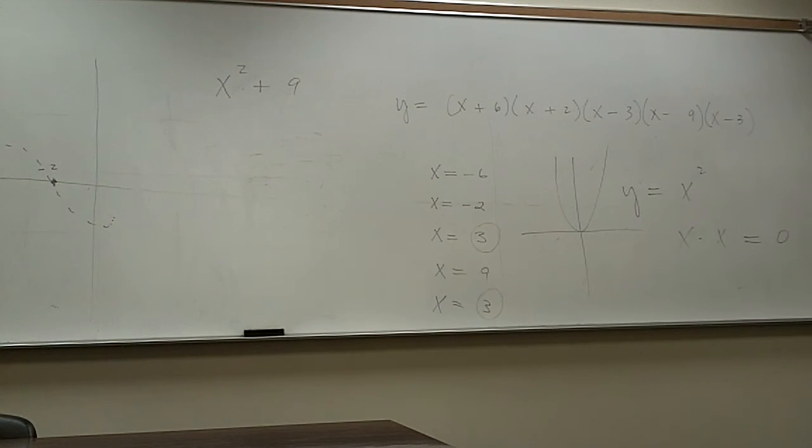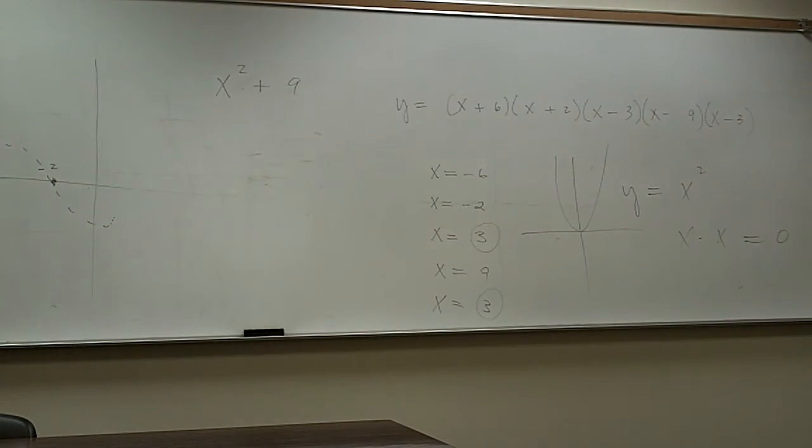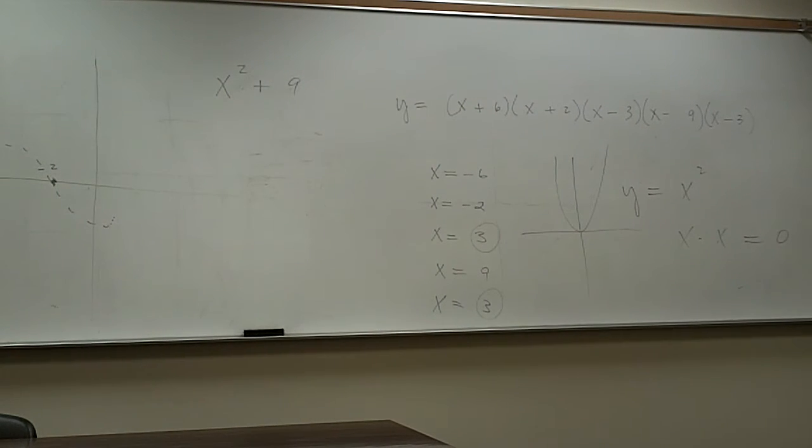Somebody tell me why you cannot factor the sum of two squares. Because it's positive. You don't need to look back. Your answer's not going to be back there. Because it's positive. Because you have to get a positive and a negative.